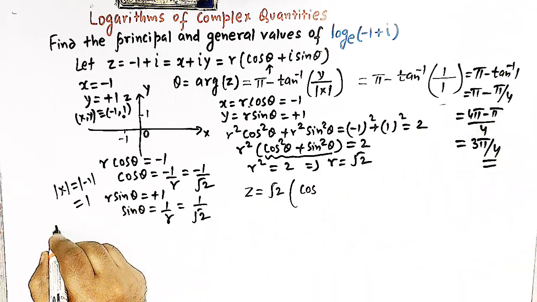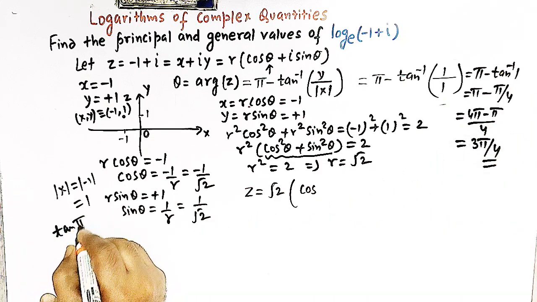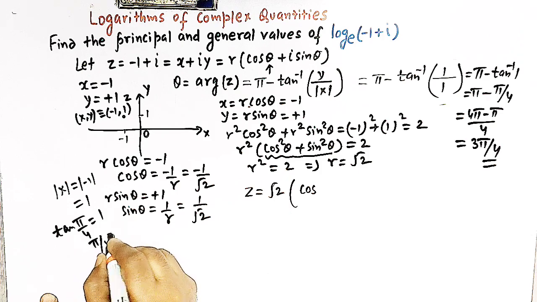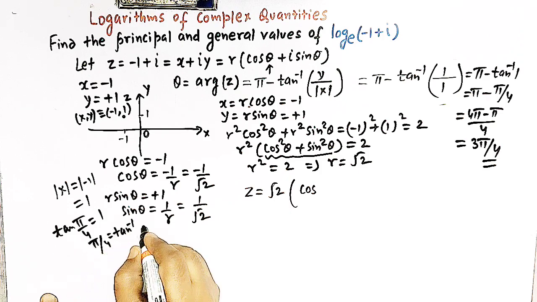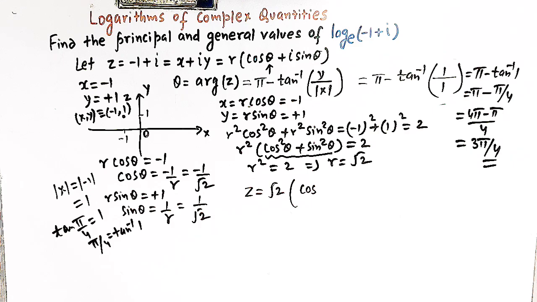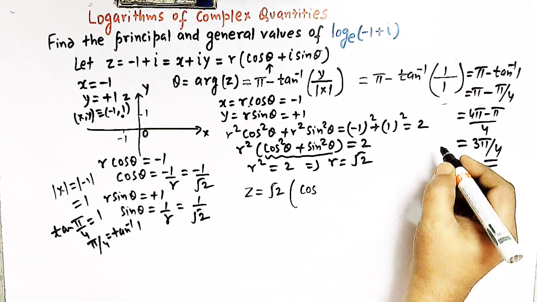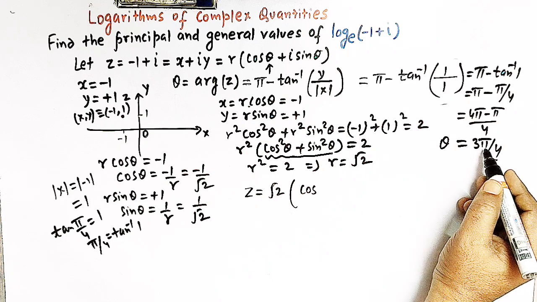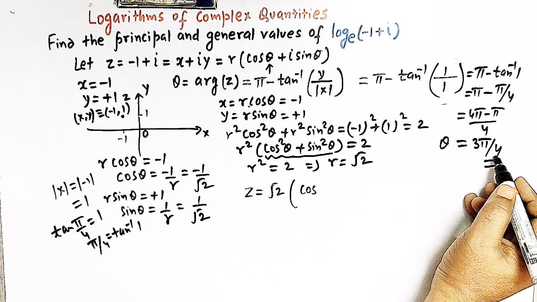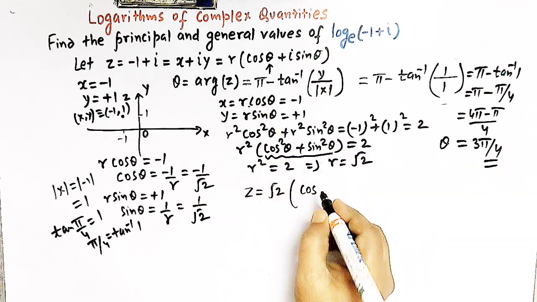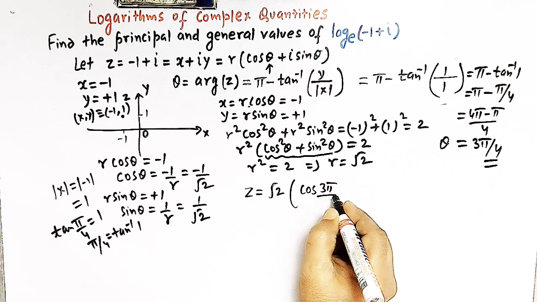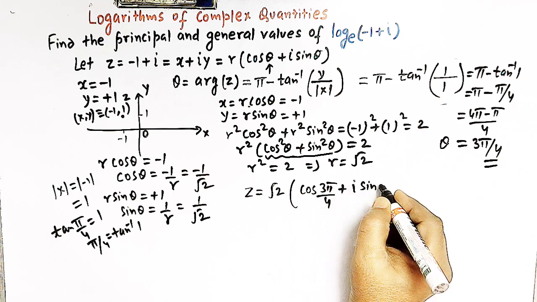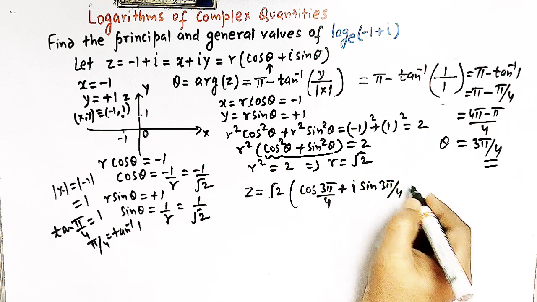So we know that tan pi by 4 is equal to 1. So pi by 4 can be written as tan inverse 1. So here the value of the principal argument is given by 3 pi by 4. So our theta is 3 pi by 4, and here we have i sine 3 pi by 4.